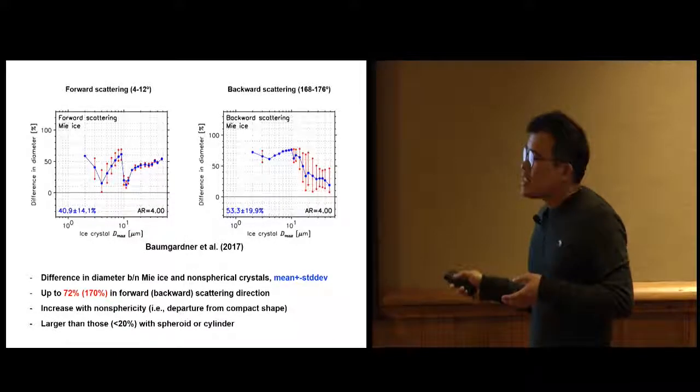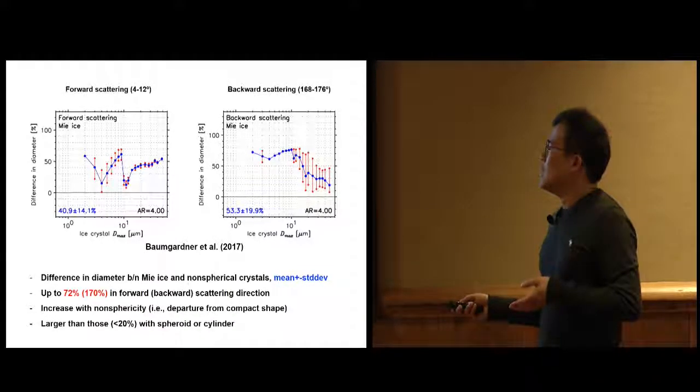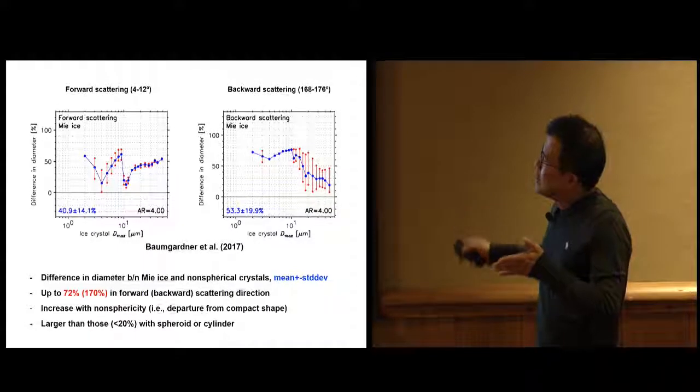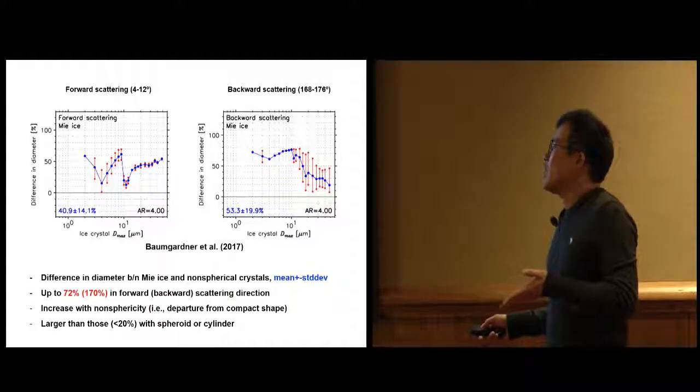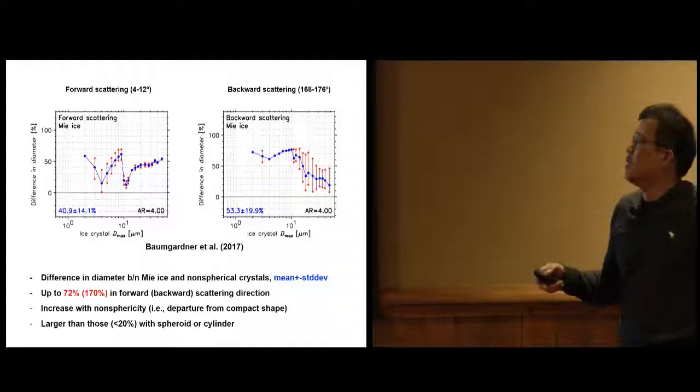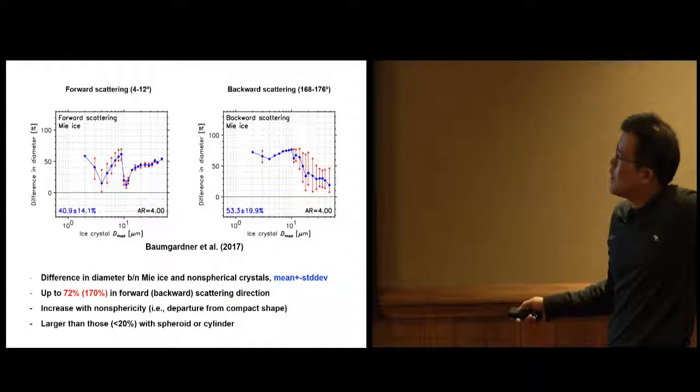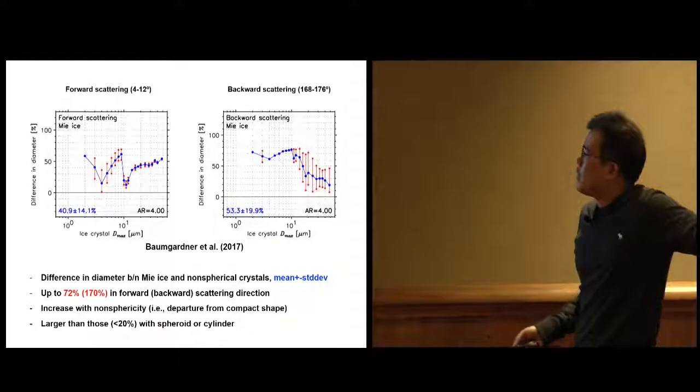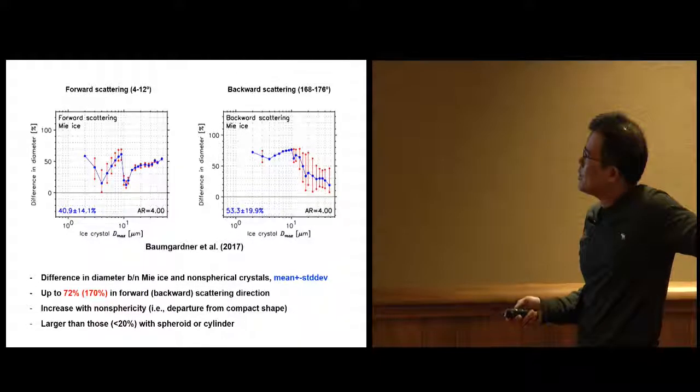This uncertainty increases with non-sphericity, and such errors are larger than what people found with the T-matrix method, assuming spheroid or cylindrical shapes. Then we published a paper this year.